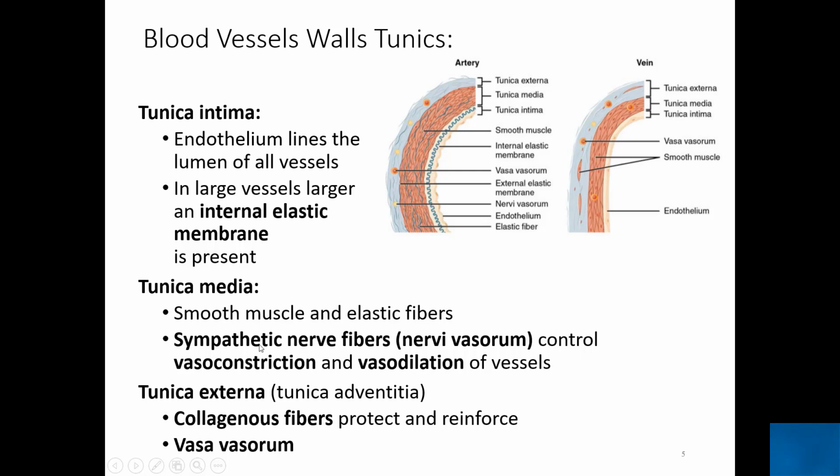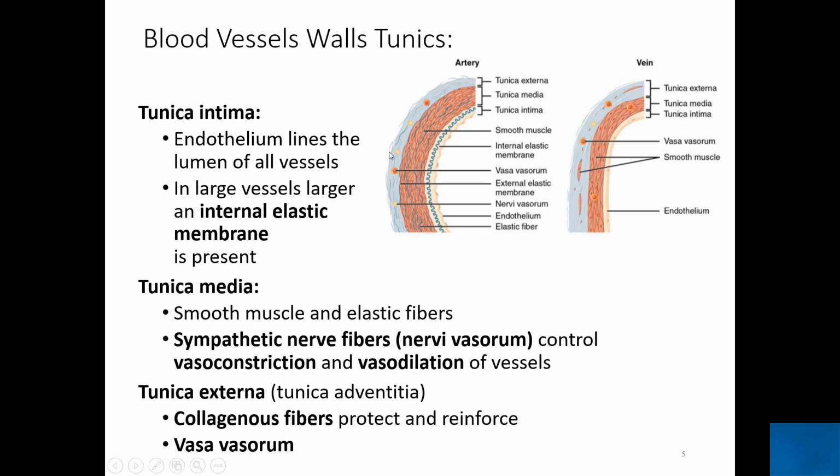So when a nervous signal, action potential, comes through the sympathetic nerve fibers, blood vessels constrict and blood pressure increases. When there is no signal through the sympathetic nerves, blood vessel smooth muscles relax, diameter becomes larger, and blood pressure drops.